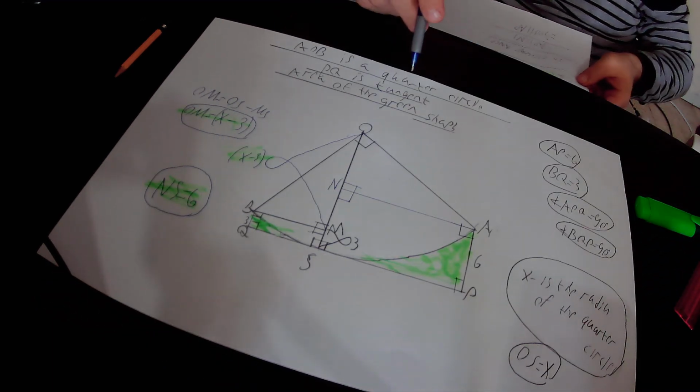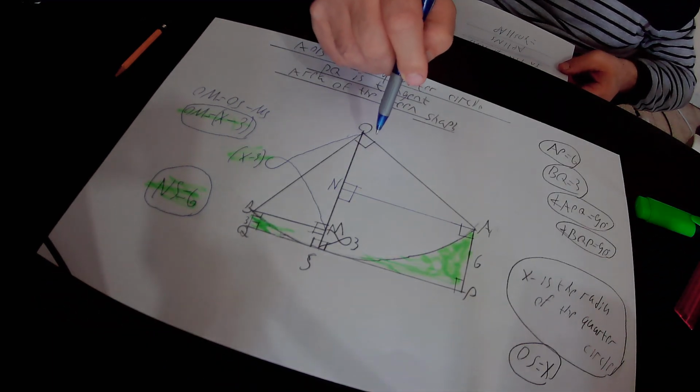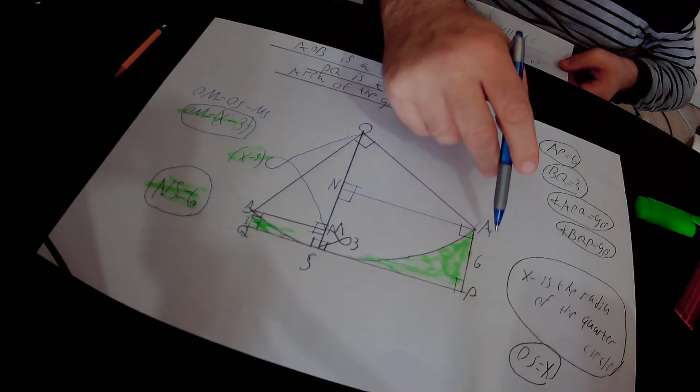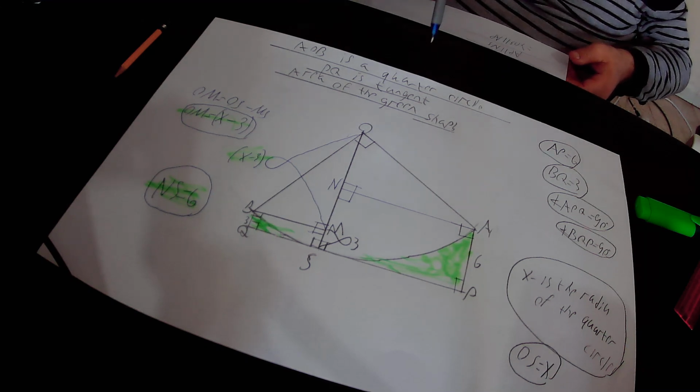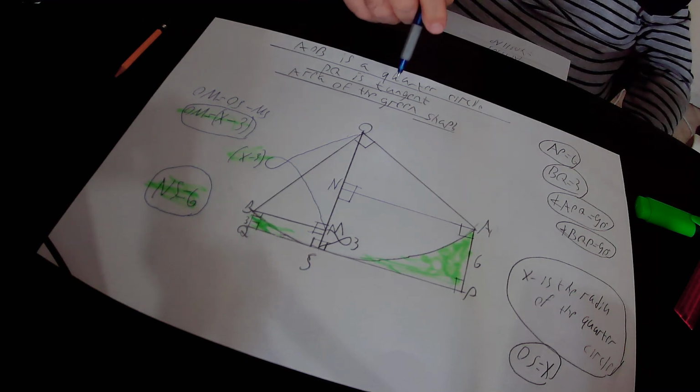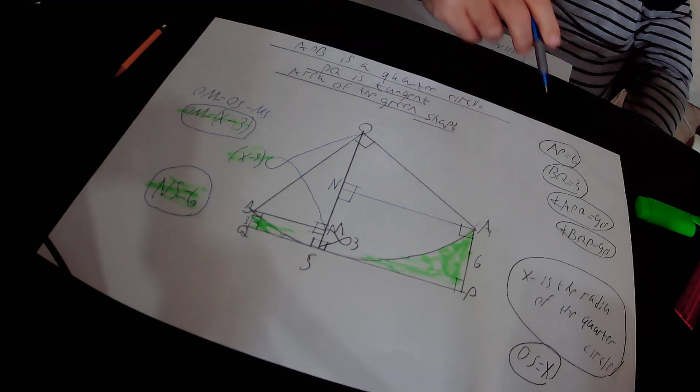Therefore, quadrilateral OSPA is a trapezoid. Why? Because it has one pair of parallel sides. Side OS is parallel to side AP.